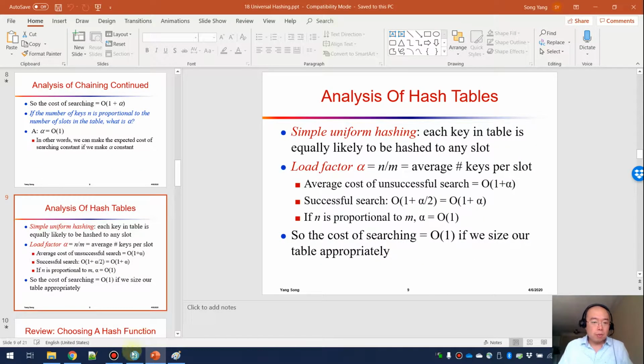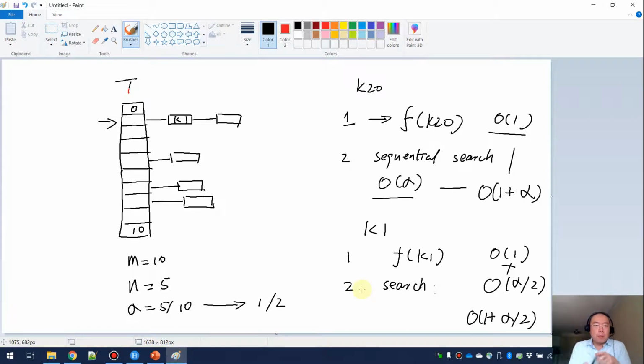So before we move on, in this example, if we change the n to 50, I'm making a crazy change here. If n is 50, then we will have 50 divided by 10, and then we will have alpha as 5.